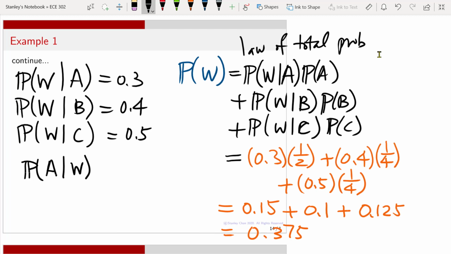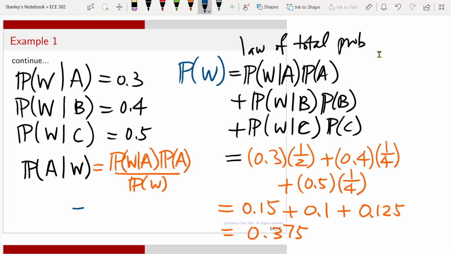So this probability is just the flipped version of the probability here. We can apply the Bayes theorem to compute it: this is equal to W given A times the probability of A divided by the probability of W.